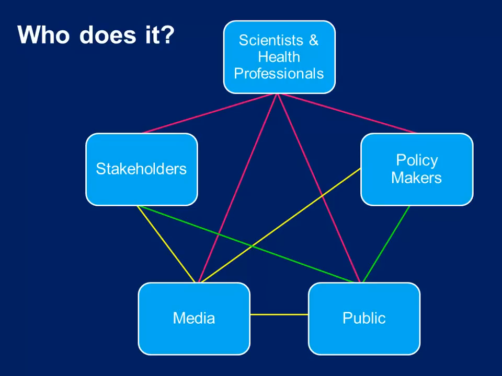For an individual who is a health professional or works with a health organization or is a scientist, being able to communicate effectively about your own research and your own work is a very valuable skill. And as you can see, that's a skill that translates down to the policymakers, the stakeholders, the media, and the public. Trickles down to everyone.